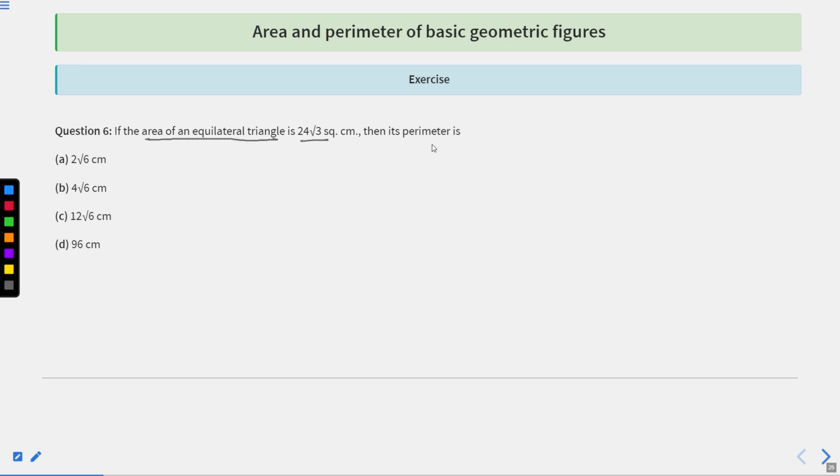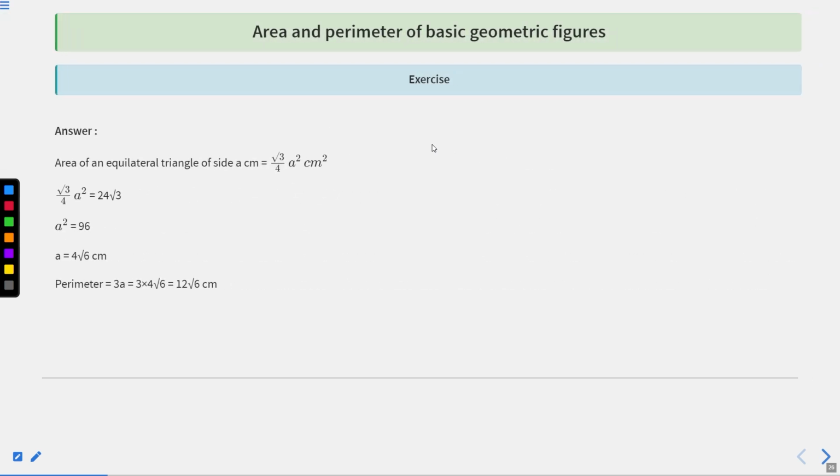If we are asked to find a perimeter, what was the formula? It was a plus b plus c. Since it's an equilateral triangle, all the sides are the same. So that means 3a is the perimeter. So we should immediately think that the area of an equilateral triangle is root 3 upon 4 a square.